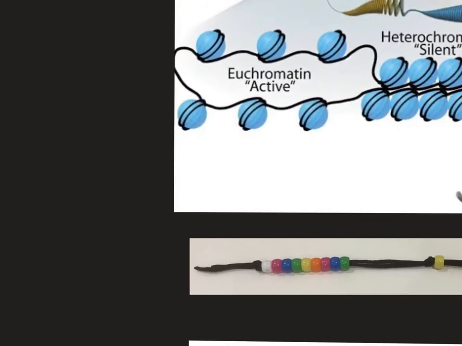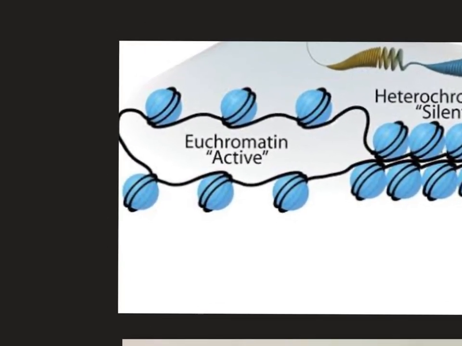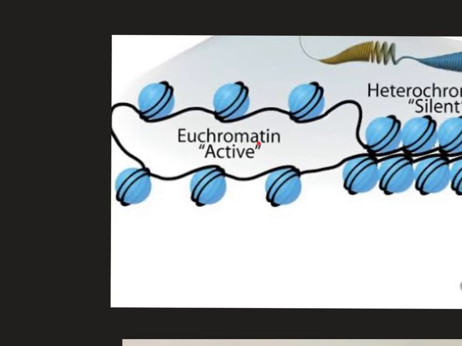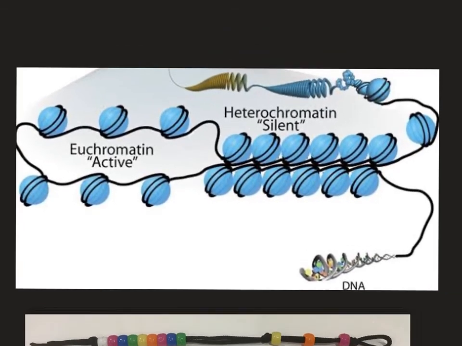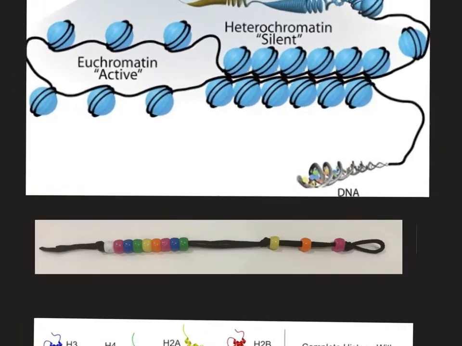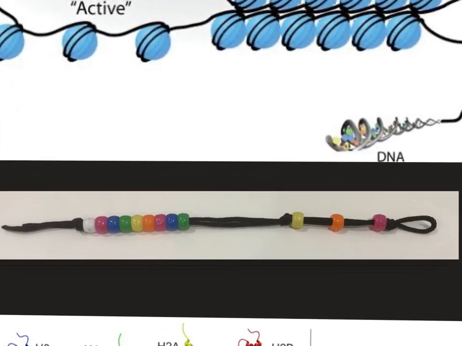A loose open arrangement of chromatin is called euchromatin, and this promotes gene expression. On the other hand, a tight closed arrangement of chromatin is called heterochromatin. This restricts gene expression. Chromatin can be compared to beads on a string, or more accurately in my opinion, thread on a sewing bobbin.